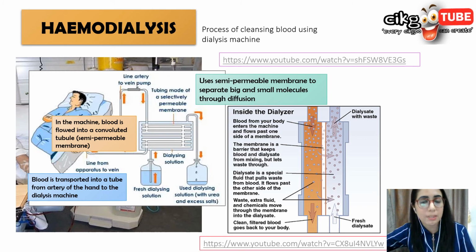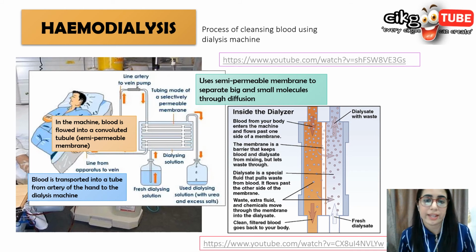The same concentration of these useful substances, such as glucose, in the blood and dialysis fluid causes an equal rate of diffusion both ways, as in dynamic equilibrium. As the dialysis fluid does not contain excess salt, urea and waste substances, these substances diffuse from the blood into the dialysis fluid, and then the cleaned, filtered blood goes back into the body.